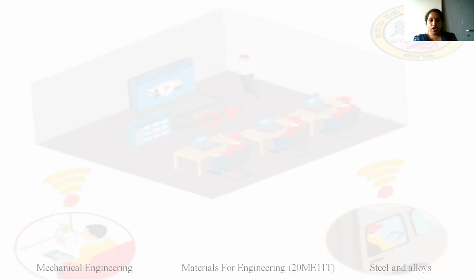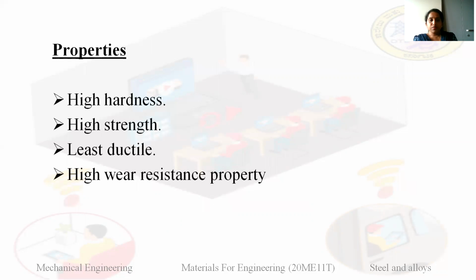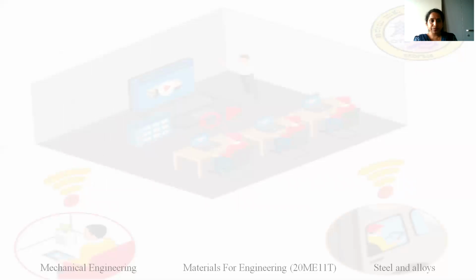So that is to improve the hardness. When it comes to the properties, hardness is high, strength is more, and it is least ductile, and it has a very high wear resistance property.